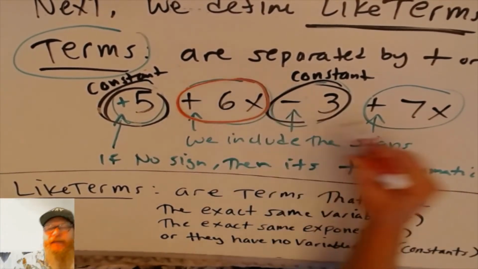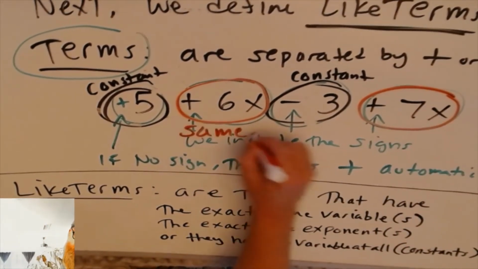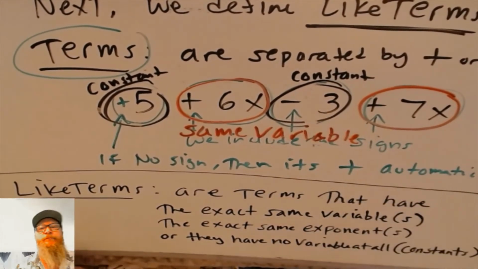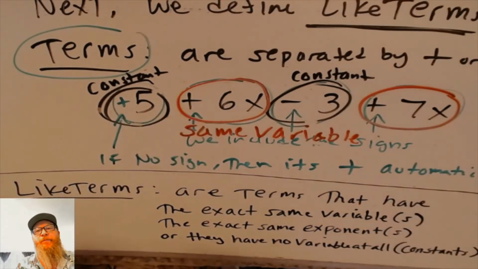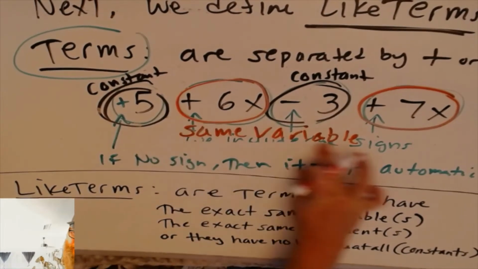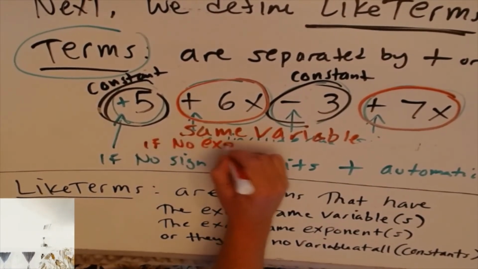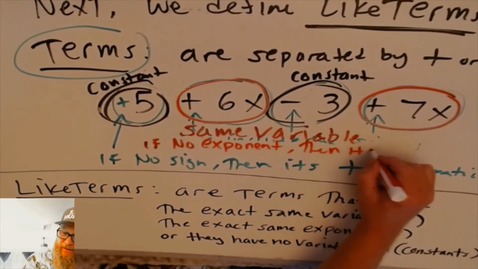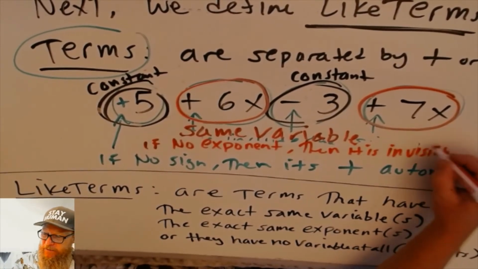6x and 7x, those have the same variable. They also have the same exponent too. If you don't see an exponent, it's an invisible 1. If there's no exponent, then it is invisible 1.